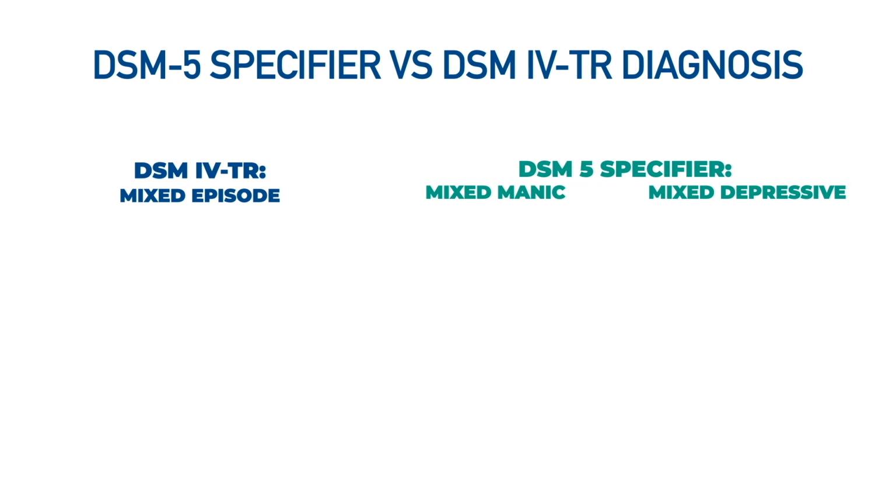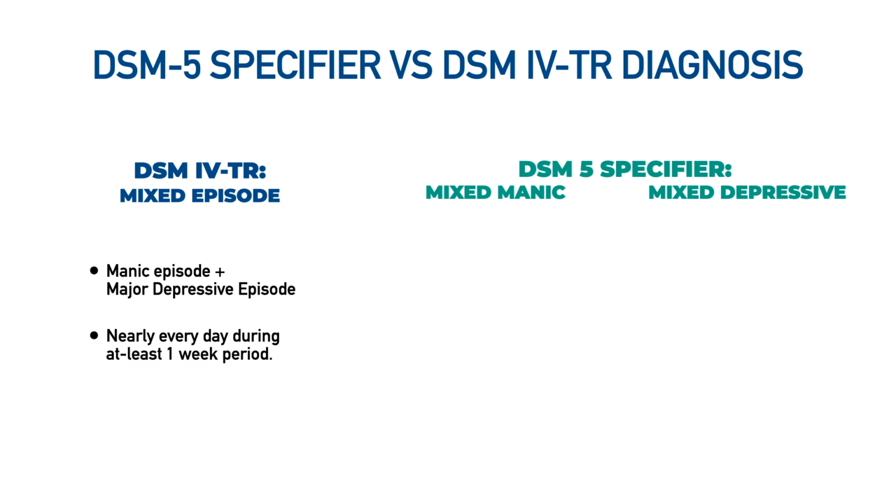For DSM-4, we know for a mixed episode, a patient should have both manic episode and major depressive episode criteria nearly every day during at least a 1 week period. And in the DSM-5 specifier, for mixed manic or hypomanic, manic symptoms should be present for 1 week or hypomanic for 4 days, and for a depressive episode, it should be for 2 weeks.